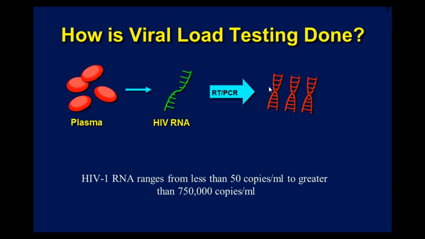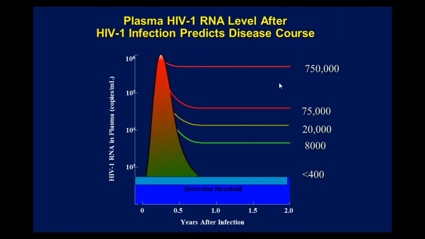And then using a PCR process, that gets amplified. So instead of one copy, that can then get turned into literally thousands of copies. And now since it's thousands of copies, we can measure it with that amplified DNA.